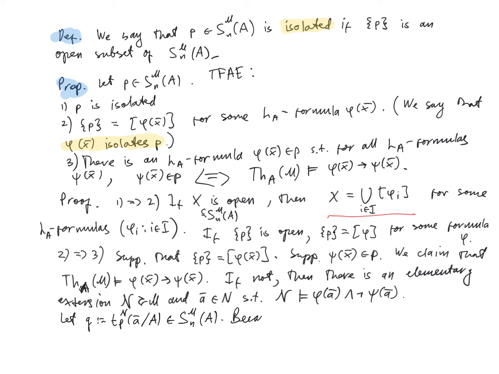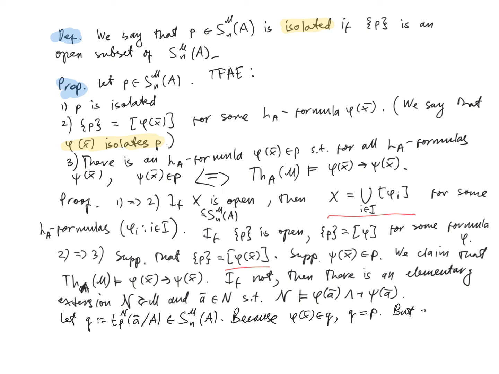But now, because we have that phi of x bar is in Q, it follows that Q is equal to P, because P is the only element in the set square brackets phi, which by definition is all types containing phi. And we got that Q contains phi, so Q must be equal to P then.